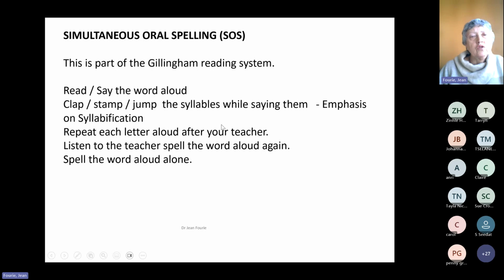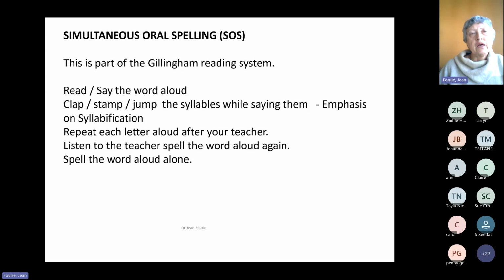Then the teacher breaks the syllables down into letters and says each of the letters individually for the child, and the child then has to repeat those letters orally, and only once they've done all this oral spelling will you move on later to the written.